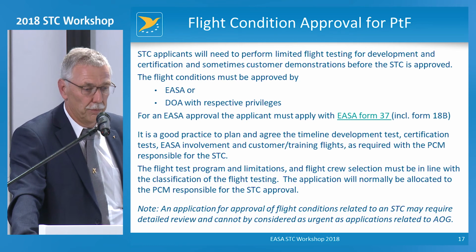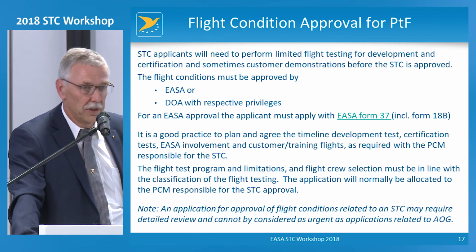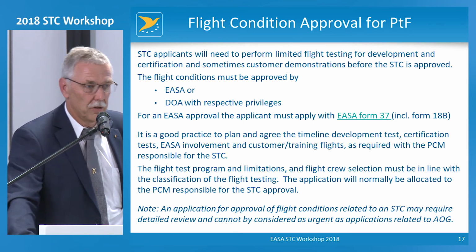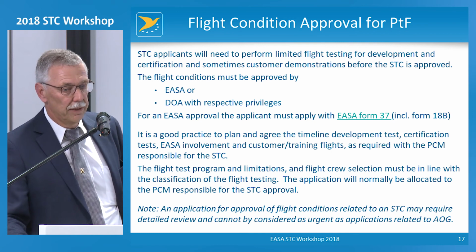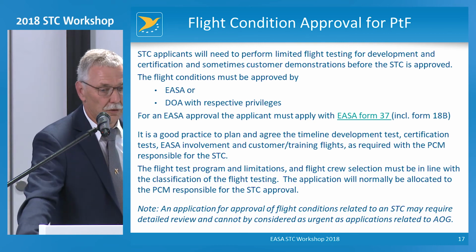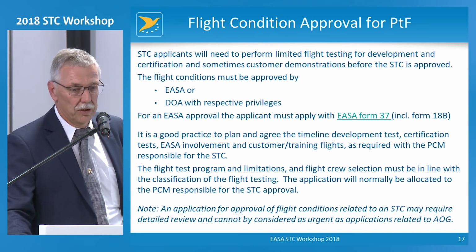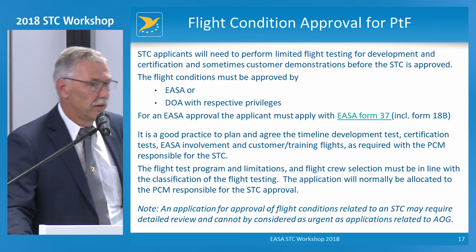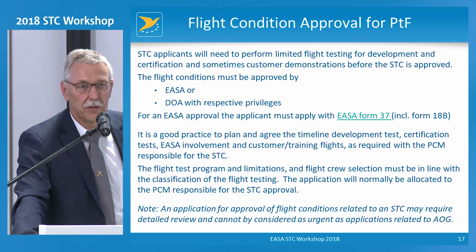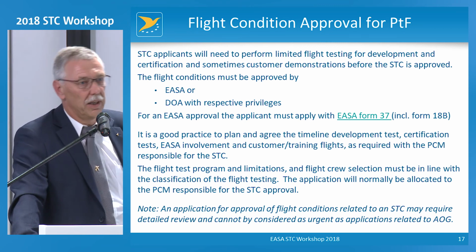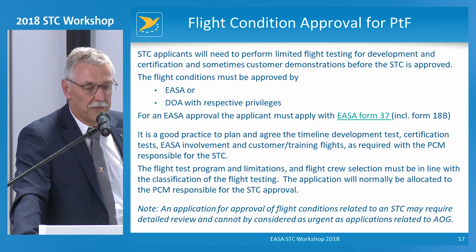And you know already that there's an EASA Form 37 for the application and a Form 18B for the flight condition approval itself, which we sign. This form was revised last week to give an option for AOG, aircraft on ground, for specific urgent cases. So you can make a cross, and in this case, EASA will react faster.